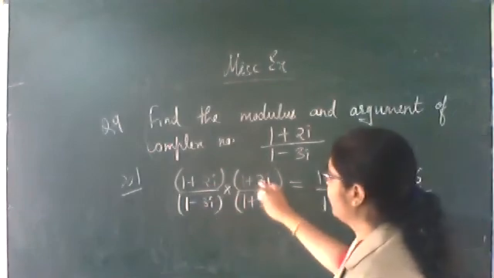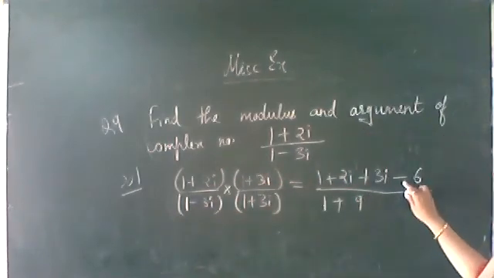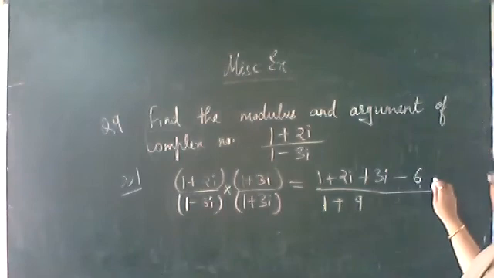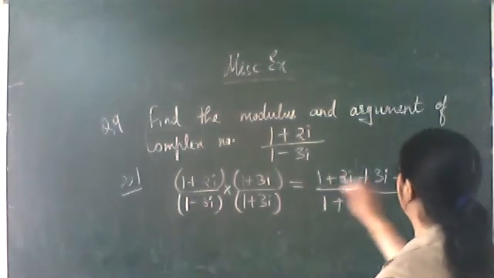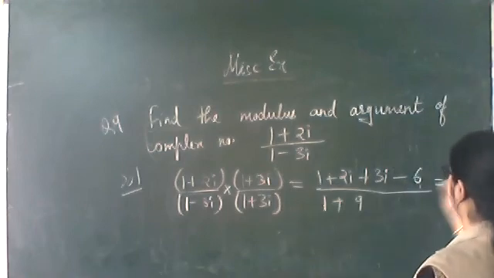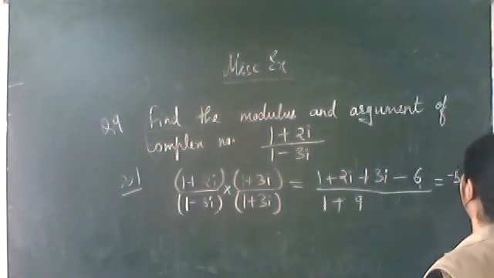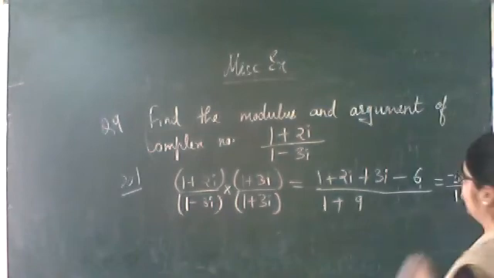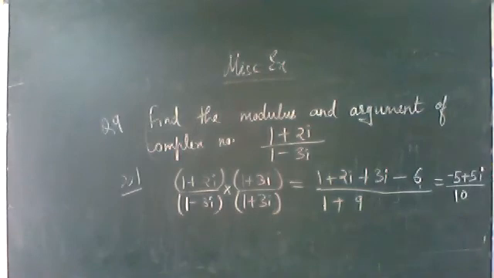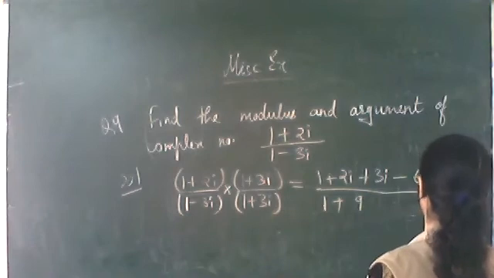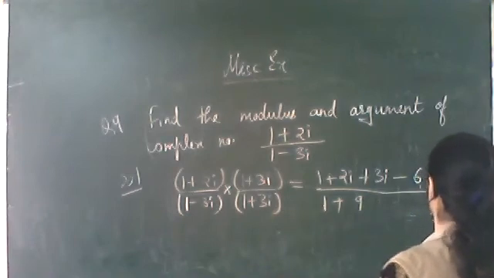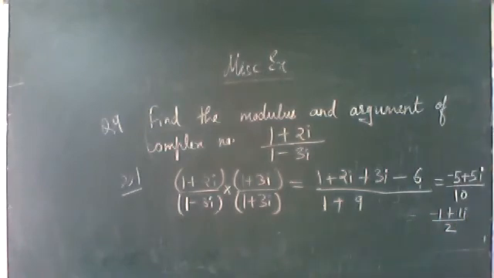So it will be equal to 1 minus 6, which is minus 5, and then 2 iota plus 3 iota, plus 5 iota, upon 10. Now the numerator as well as the denominator can be divided by 5. So this will be equal to (minus 1 plus 1 iota) by 2.